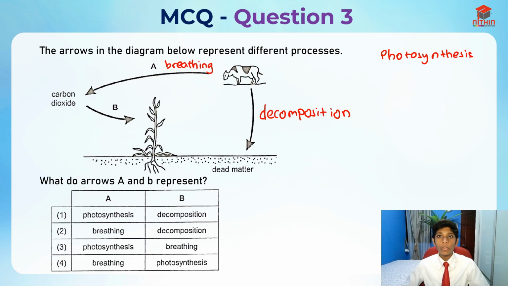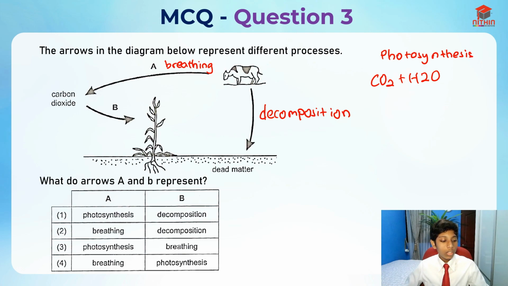So during photosynthesis, we are actually taking in carbon dioxide, and there is a need of water. Oh, sorry, let me just write CO2 instead of carbon dioxide, okay? Because it's a bit shorter. So you need CO2 plus H2O, right?